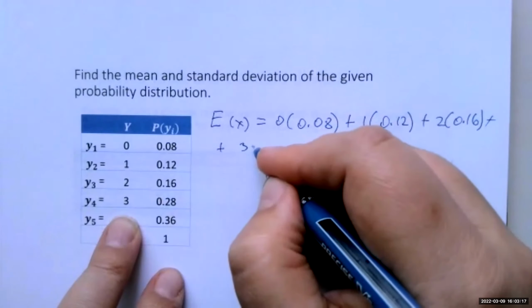So when we add everything together, we're going to get 2.72. So our mean is 2.72.